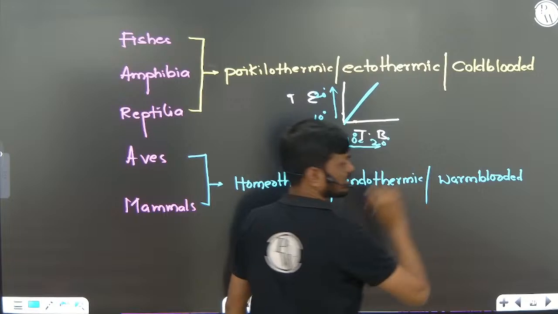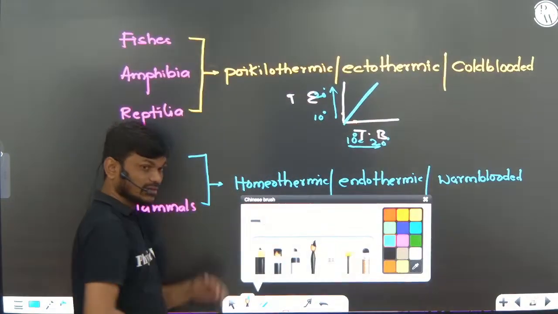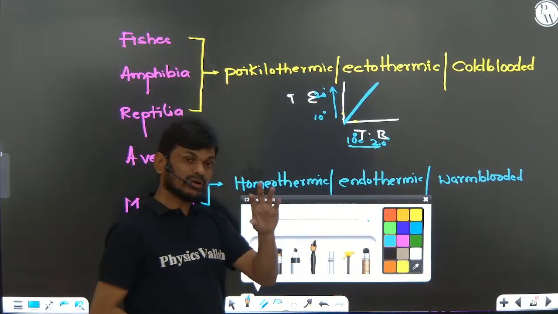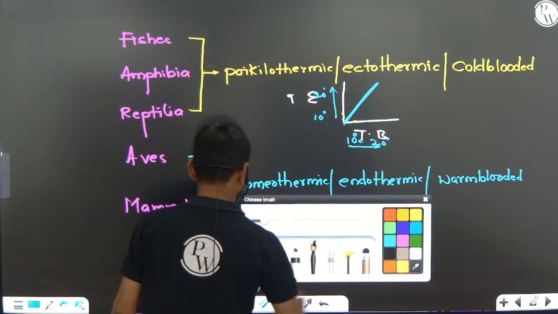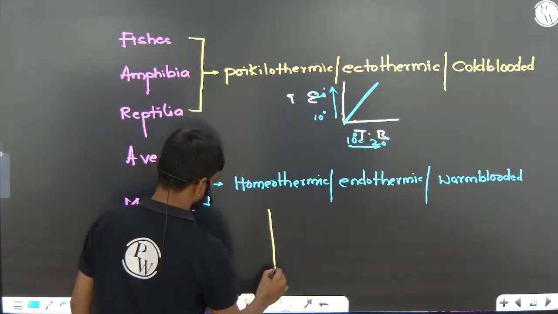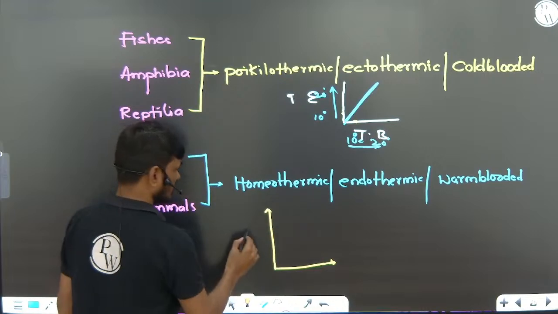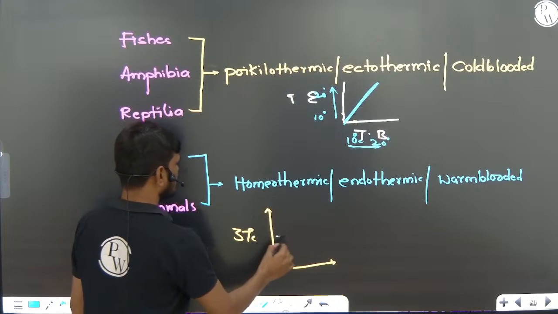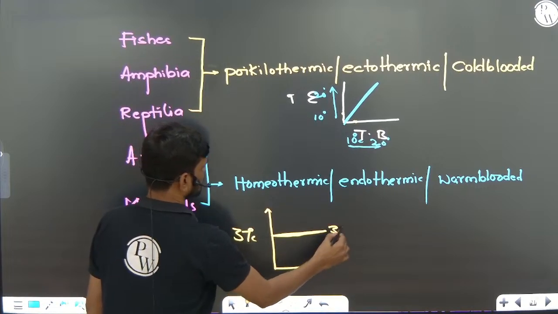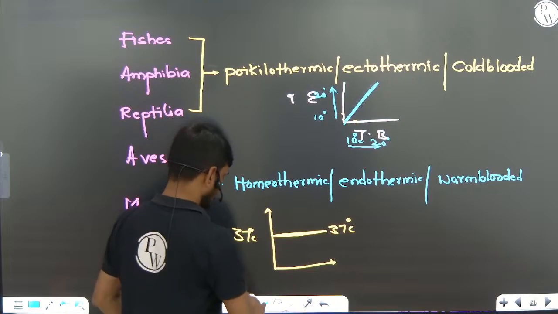These animals maintain constant internal body temperature, without changing according to the surrounding environment. For example, in the case of human beings, we maintain 37 degrees centigrade, a constant internal body temperature, right?